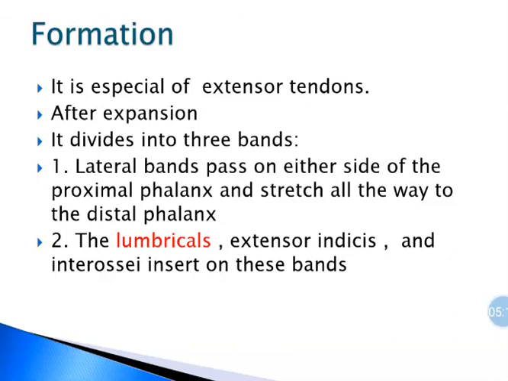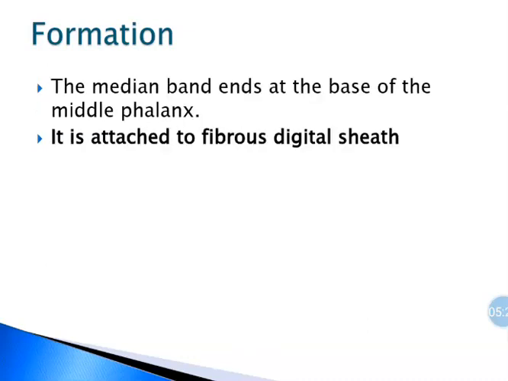The lumbricals, the extensor indicis, both the interossei insert into these lateral bands. And there is one median band which is in the middle that ends at the base of middle phalanx. And this extensor expansion is also attached to fibrous digital sheath.